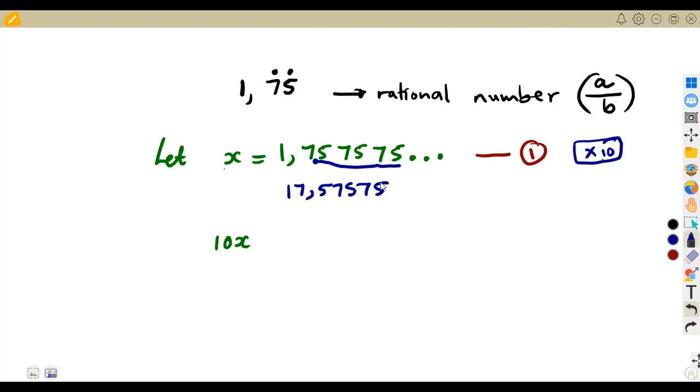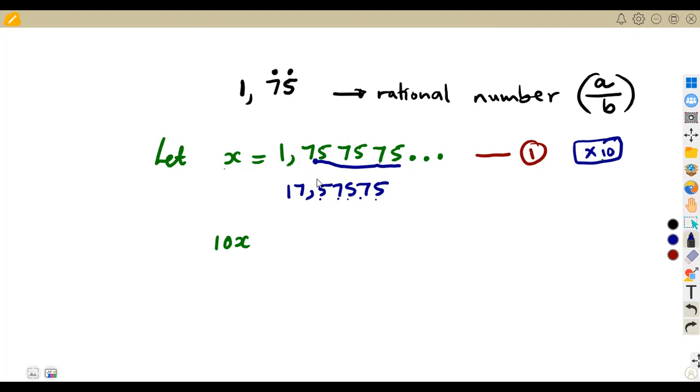If we count, there are 1, 2, 3, 4, 5 here, and there are 1, 2, 3, 4, 5, 6 there. You are supposed to maintain the same number of digits after the comma.